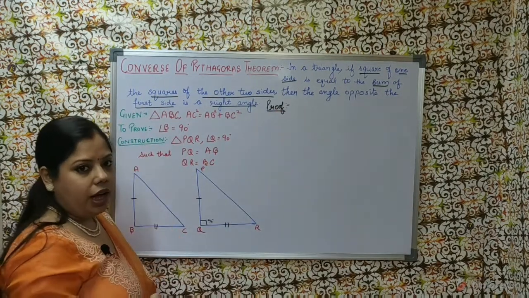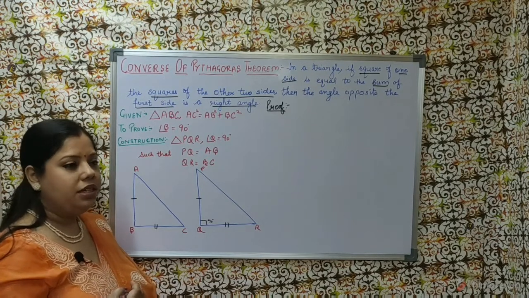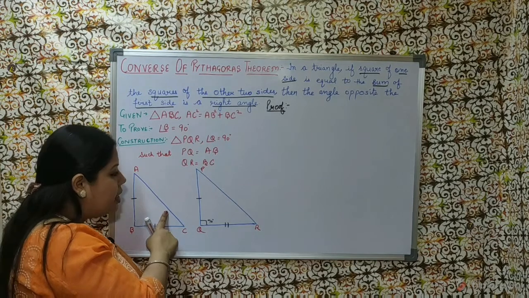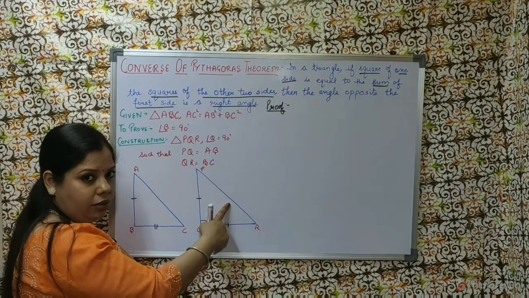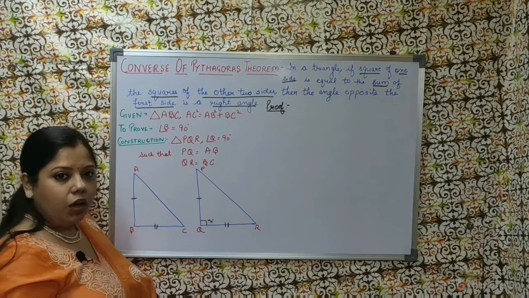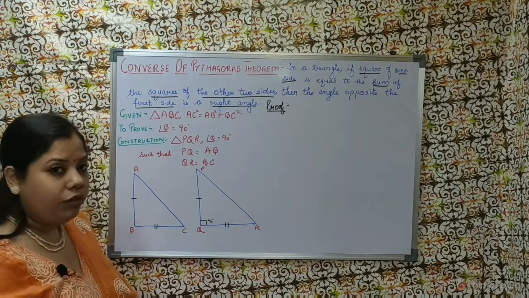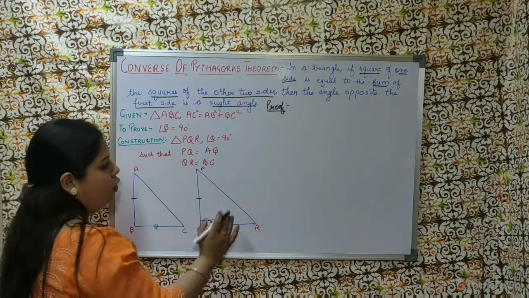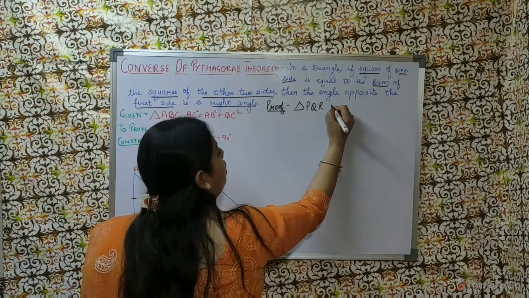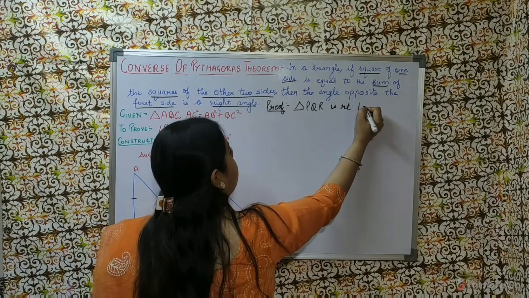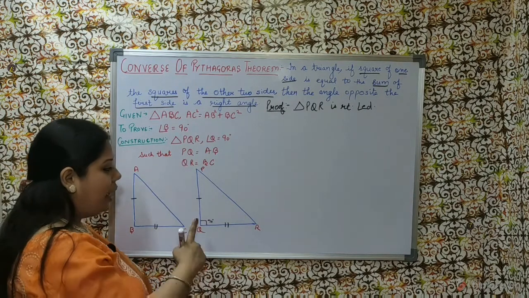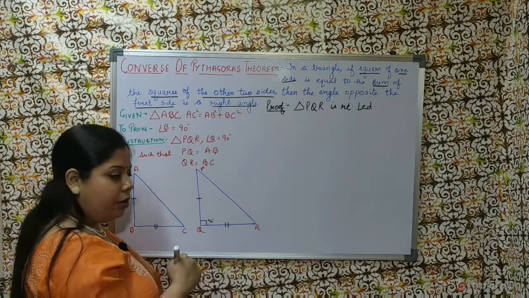For proving this, we have to do two simple steps. First of all, I have to prove AC is equal to PR, and secondly I have to show that these two triangles are congruent. So let's see how we will do this. First of all, I know triangle PQR is right angled, so I can apply Pythagoras theorem here.